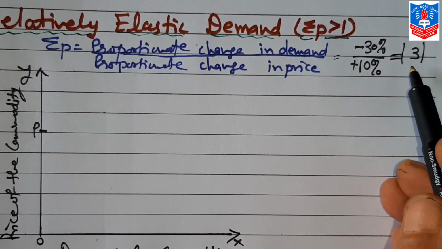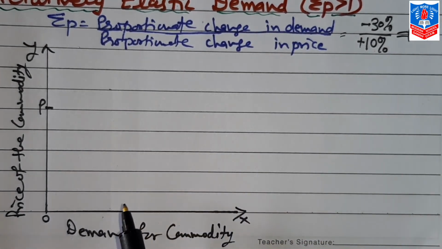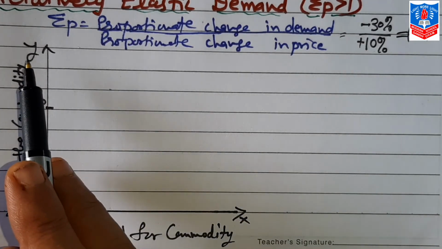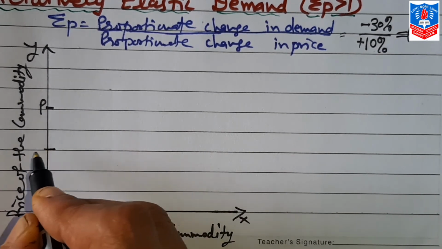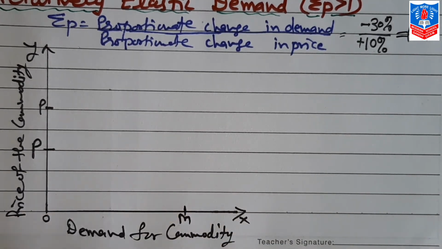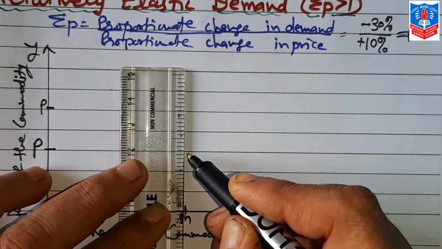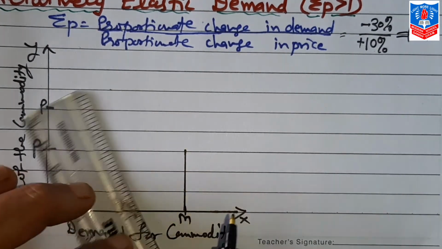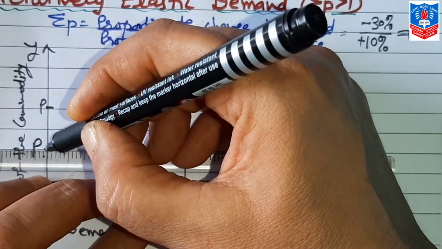Non-negative value. Now this only we show here on this diagram. As usual, I have taken demand on the x-axis and the price of the commodity on the y-axis. Now see, here is the price and here is the demand, that time when point P and point M, this is your demand. So if I join this, we get this.